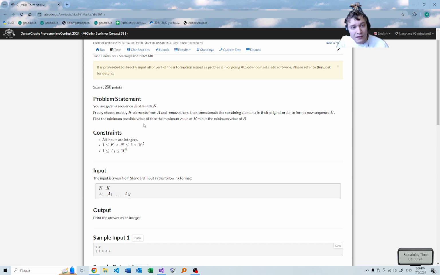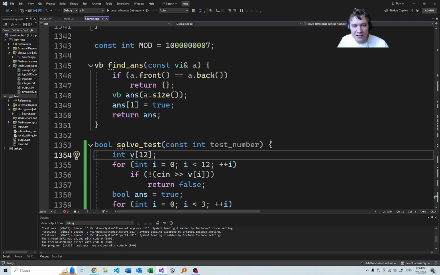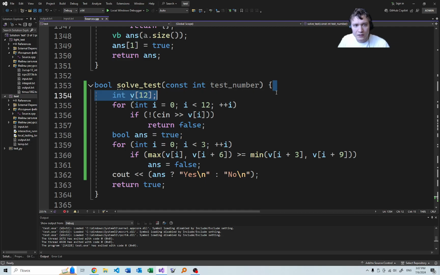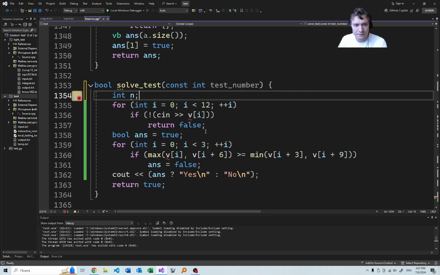Freely choose exactly k elements from A and remove them, then concatenate the remaining elements in their original order to form a new sequence B. Find the minimum possible value of the maximum value of B minus the minimum value of B. So obviously we need to sort, of course, and we need to remove several beginning elements and several ending elements. Great.